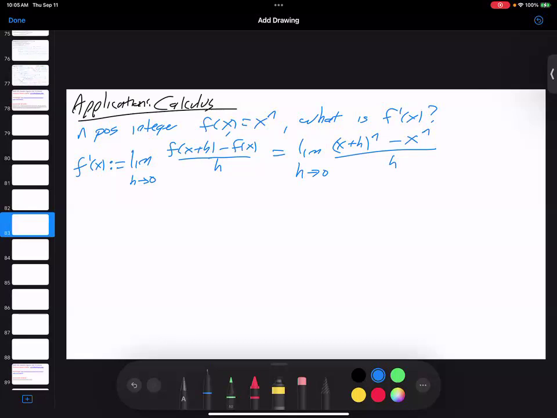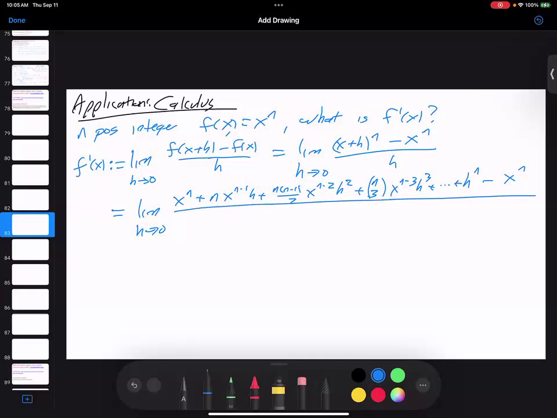Since n is a positive integer, we can use the binomial theorem. And we'll get x to the n plus n x to the n minus 1 h plus n choose 2 x to the n minus 2 h squared plus n choose 3 x to the n minus 3 h cubed plus dot dot dot plus h to the n, minus x to the n, over h.